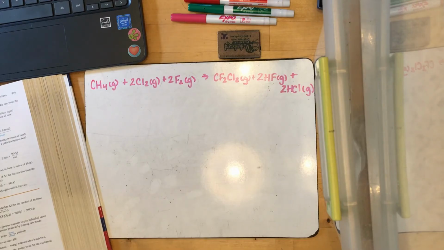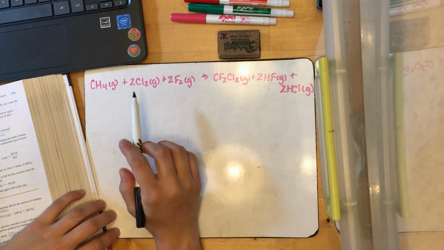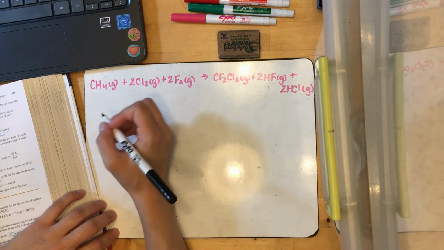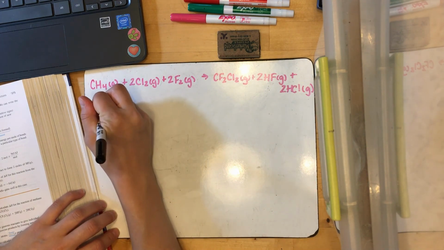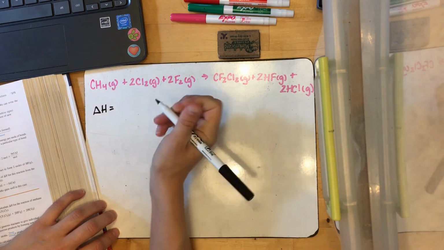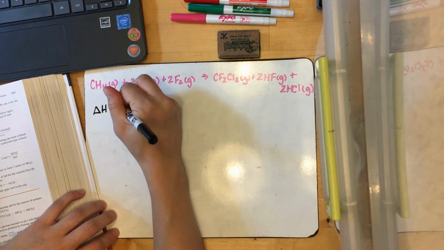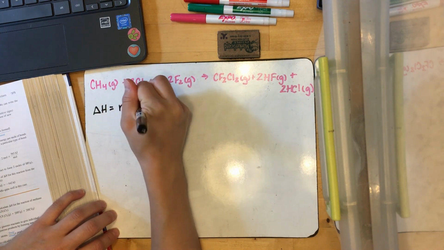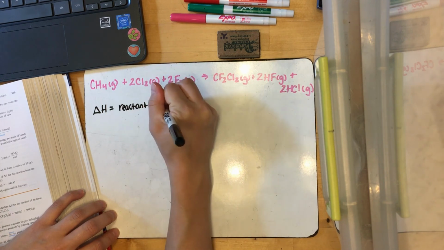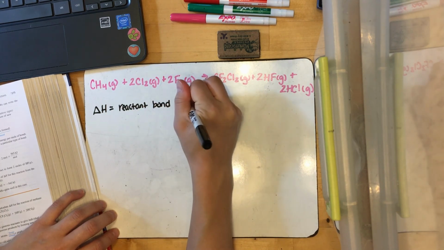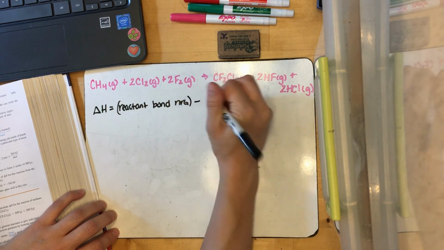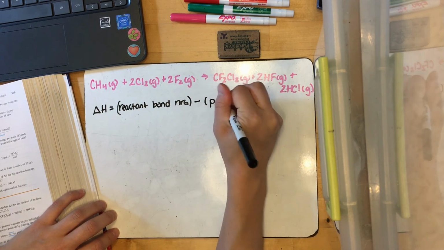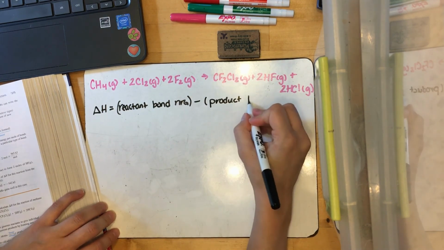In this question, we're asked to find the delta H for this reaction where methane, CH4, is reacting with chlorine and fluorine. So our delta H is always going to be the reactant bond energy minus the product bond energy.